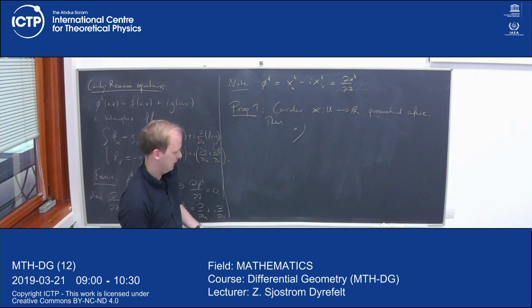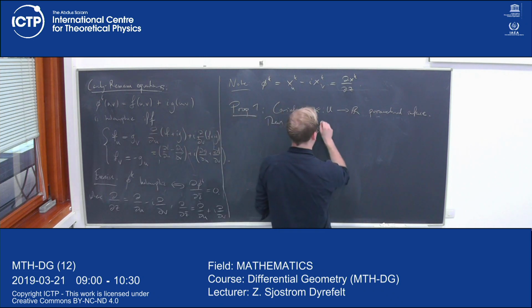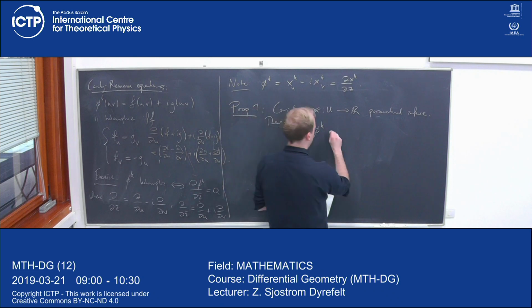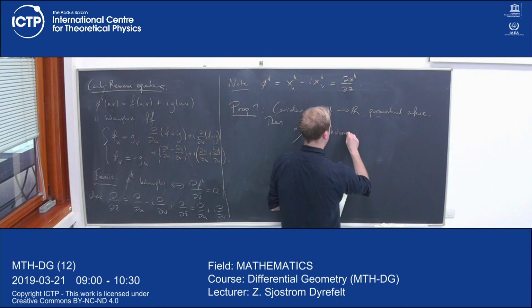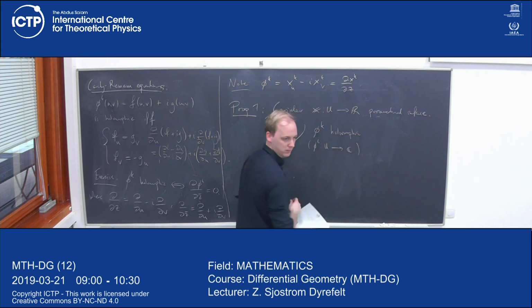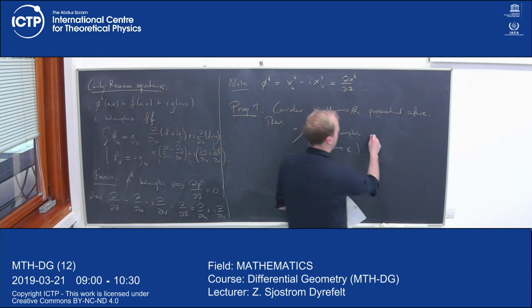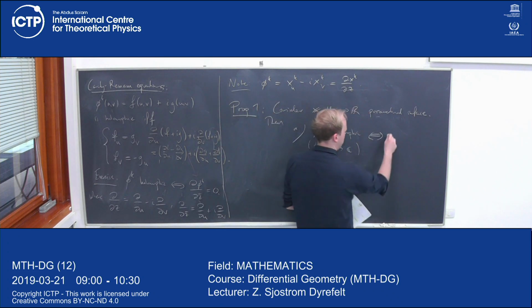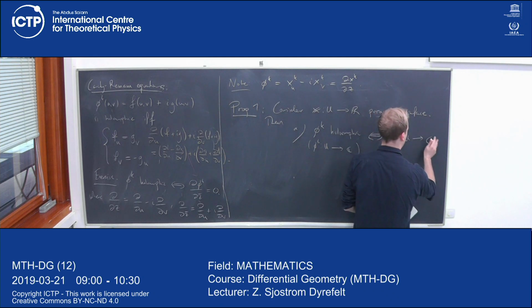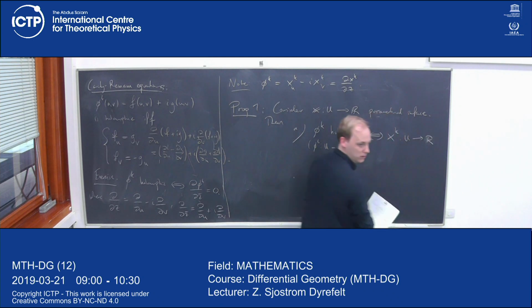The first thing is that the new coordinate functions phi k of z, as functions from U to C, are holomorphic if and only if the x_k, which are functions from U to R, are harmonic.